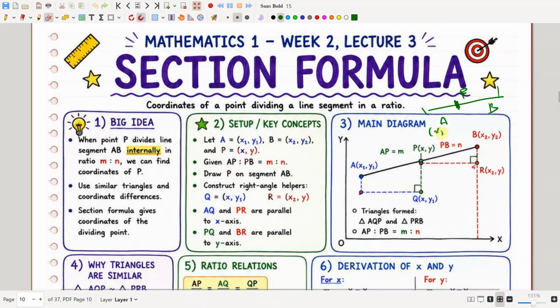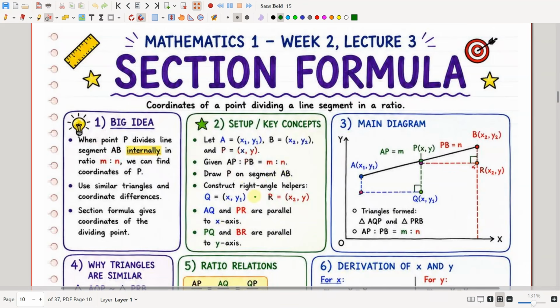The coordinates of A will be x1, y1, the coordinates of B will be x2, y2, and the coordinates of the point which divides AB will be x, y. Okay, so given AP is to PB is equal to m is to n, and we are going to draw P on segment AB.